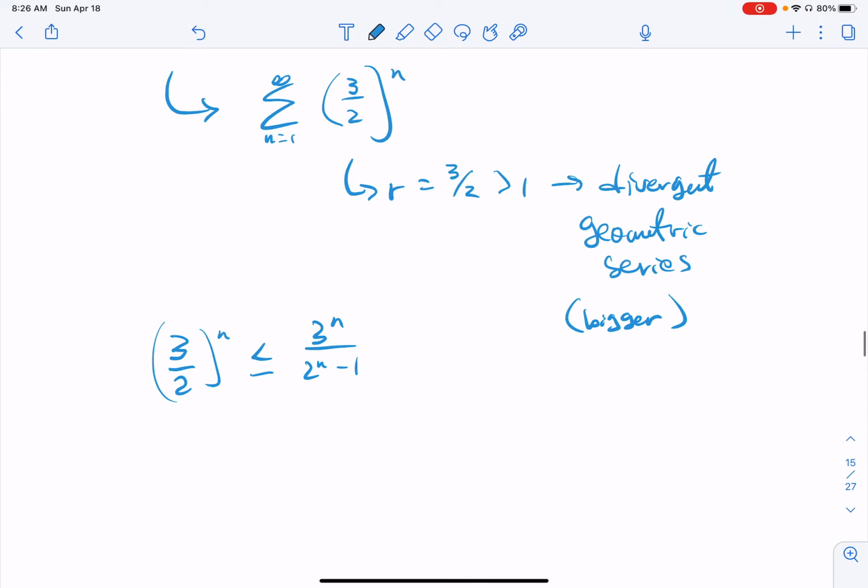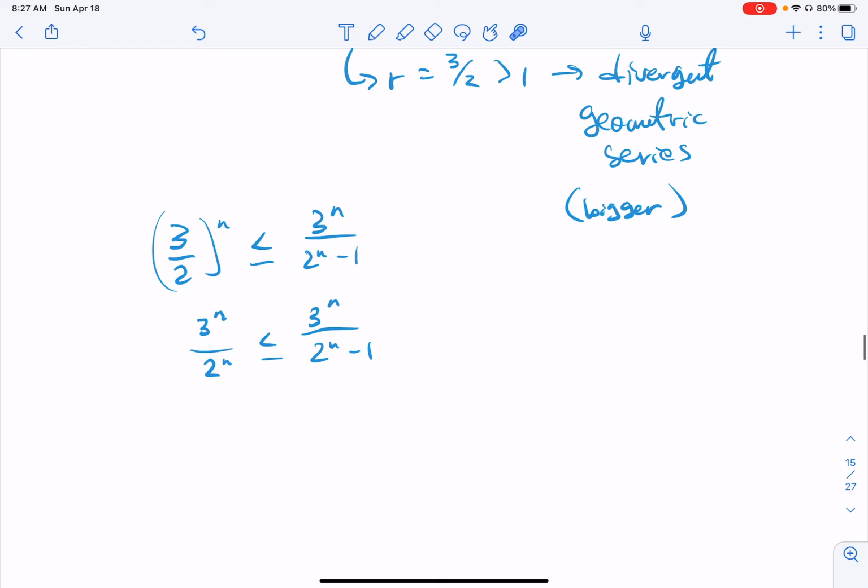All right, and then over here on the left, I will just use properties of exponents to make that 3 to the n over 2 to the n. Now, this denominator is slightly smaller than this. In other words, this one is a bigger denominator. Dividing by a slightly bigger denominator, it should be a smaller number.